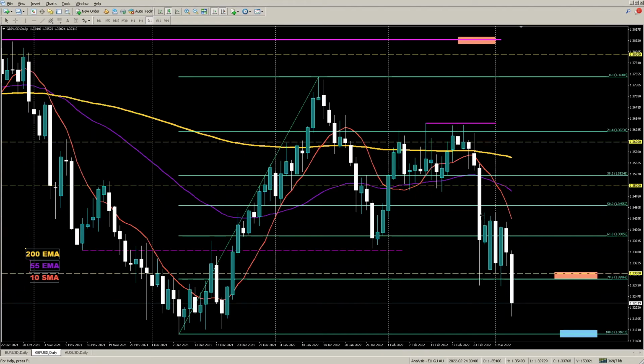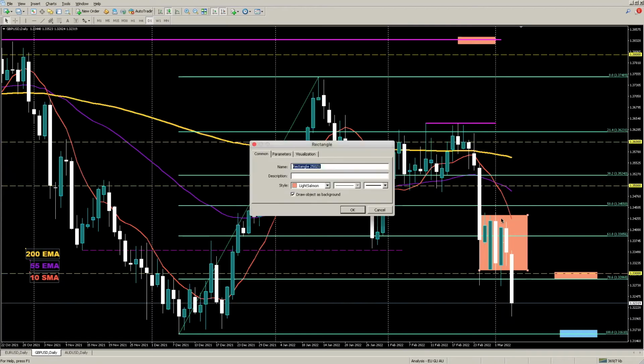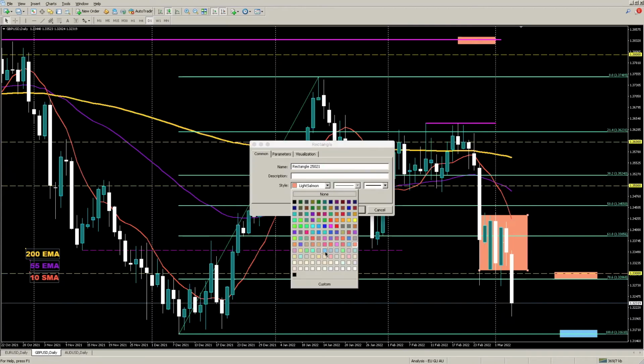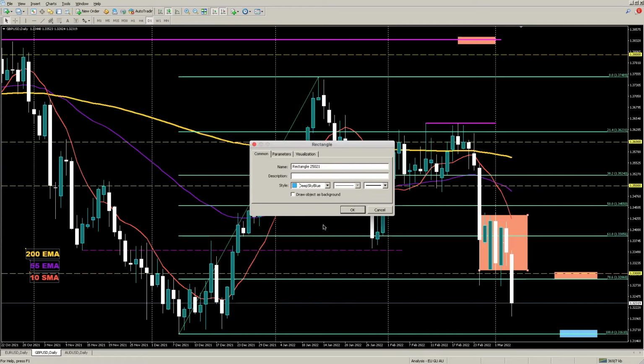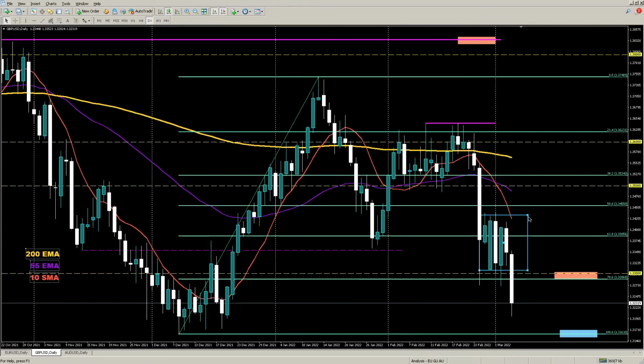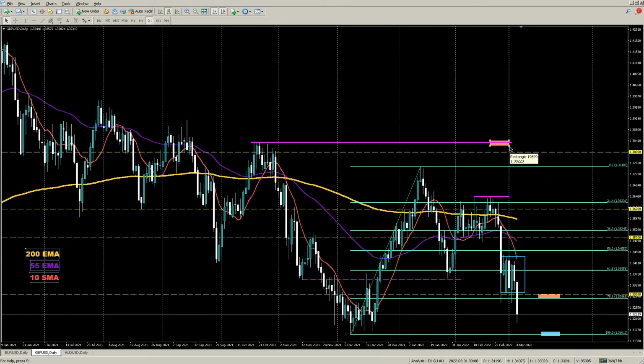So this area was consolidation area. And let's remove this for now, as well as these levels.